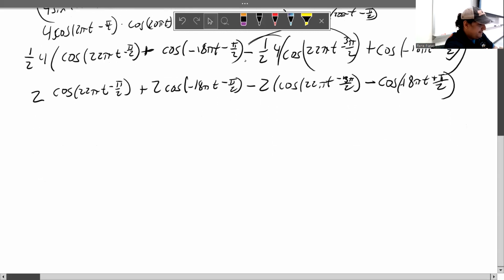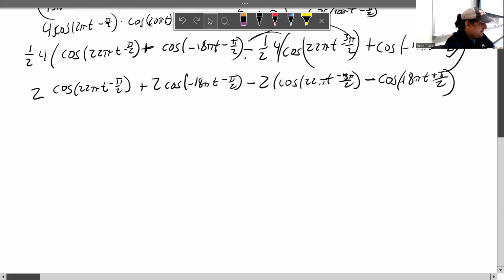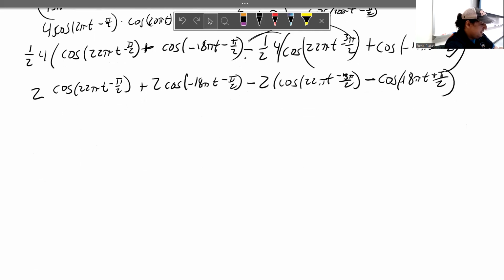All right, so now we have 4 different signals. I thought two of them were going to cancel, but I guess not. I'll check my work with decimals later. We turn it into exponential form.